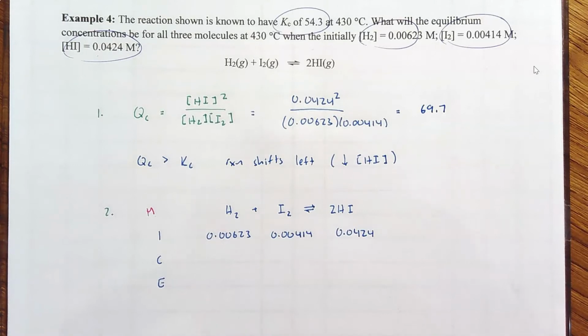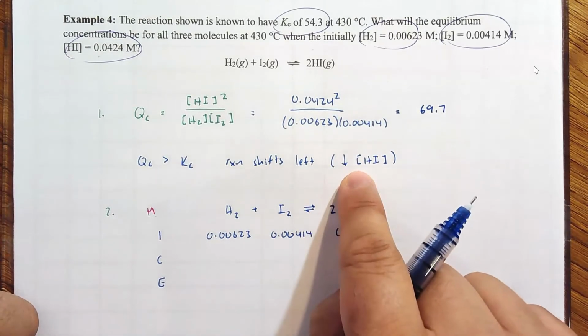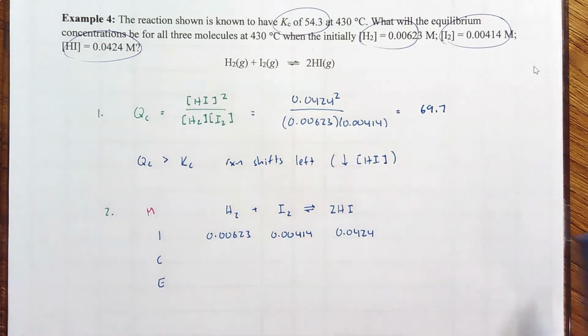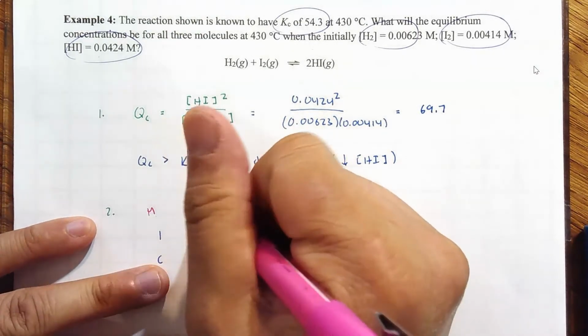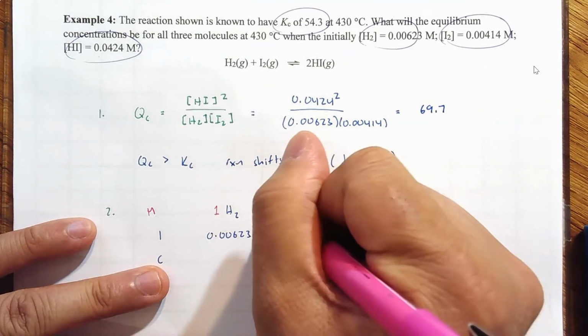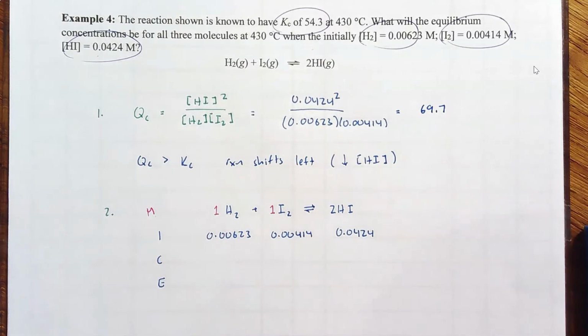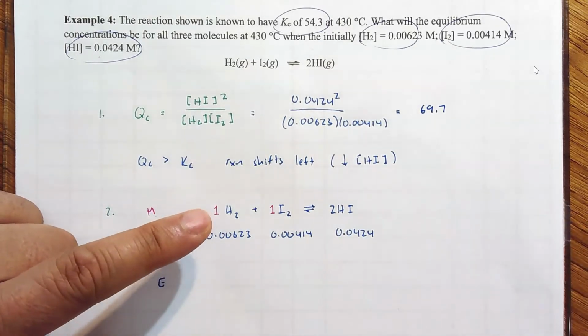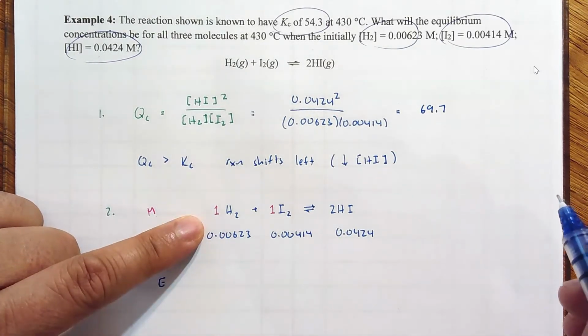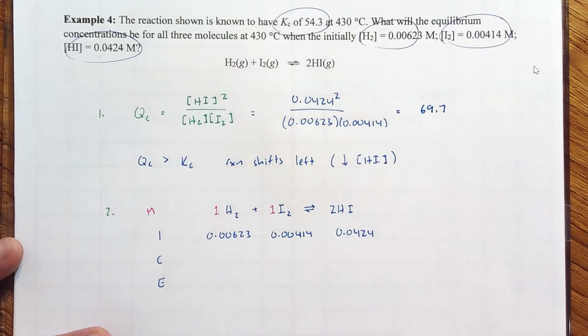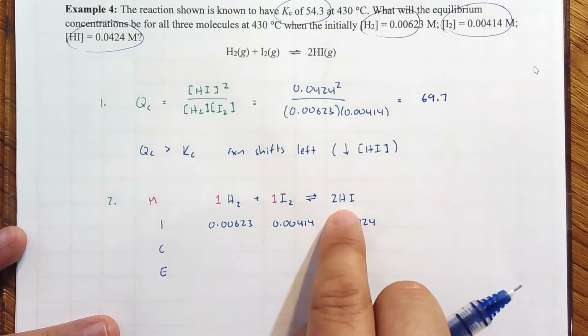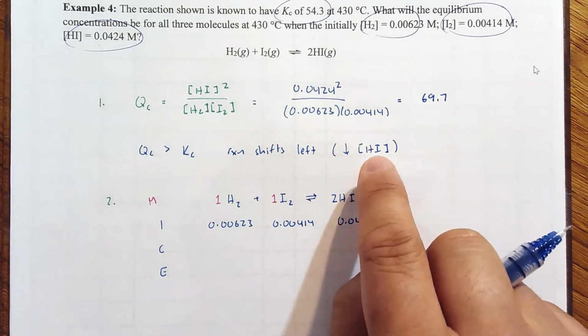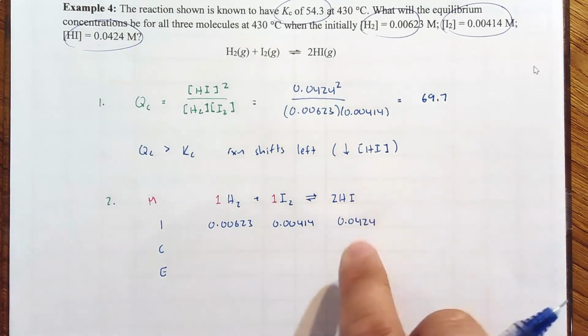We said that we're going to decrease in HI. Now, the way I do this is that I find the compounds that have a coefficient of 1, and I will either minus x or plus x. So I know that our goal is to get rid of HI, but I don't want to do that right now.